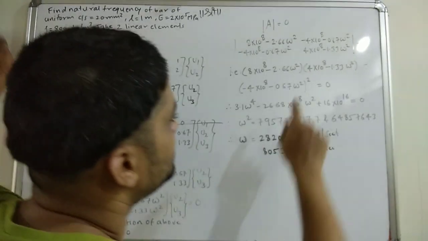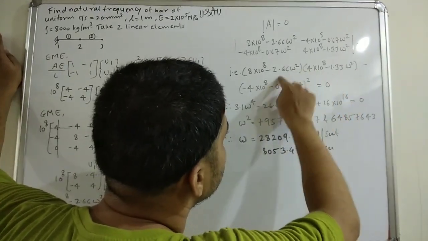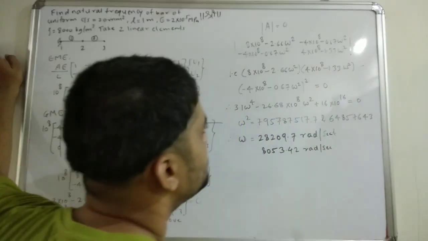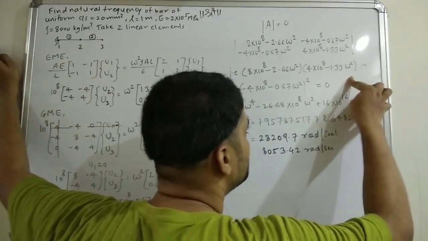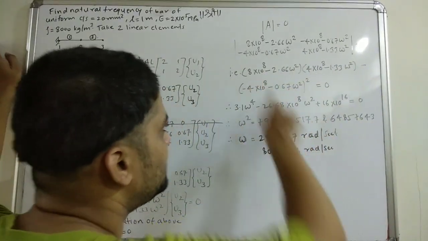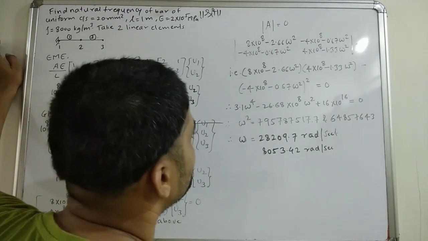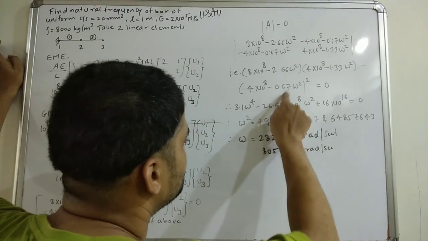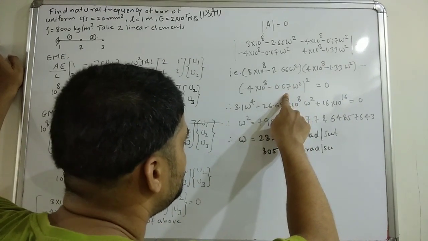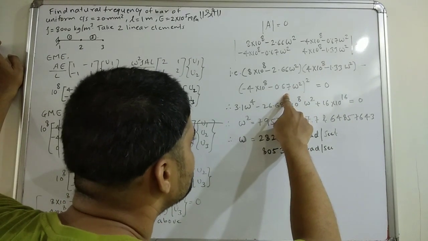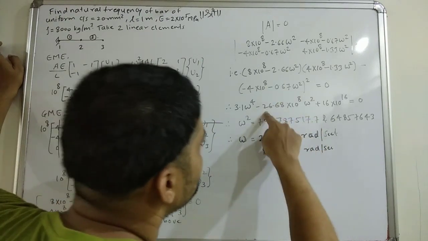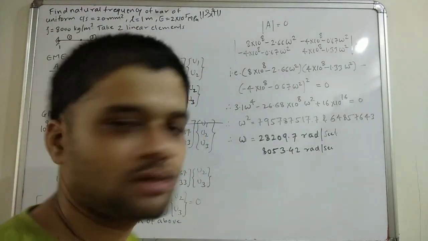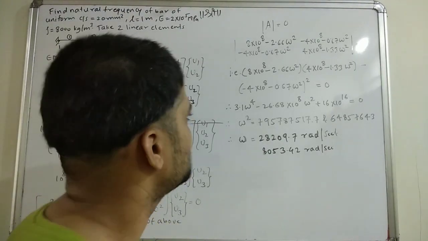Then similarly we do this: 2.66 omega square multiplied by 4 10 raised to 8, and minus 1.33 omega square multiplied by 8 10 raised to 8. When we subtract them, with this minus 0.67, 2 into minus 0.67 into minus 4 omega square, we eventually get 26.68 into 10 raised to 8 omega square, and that will remain as minus.